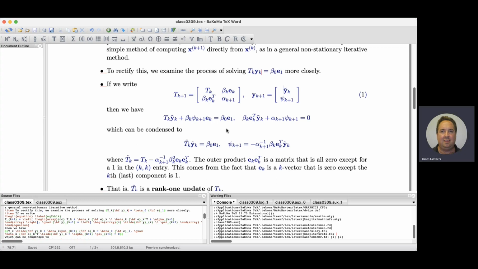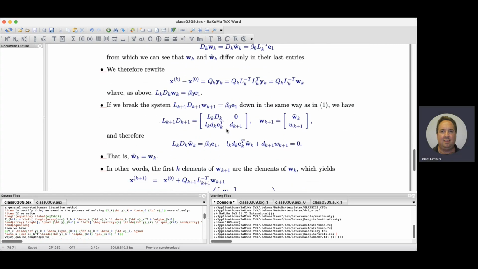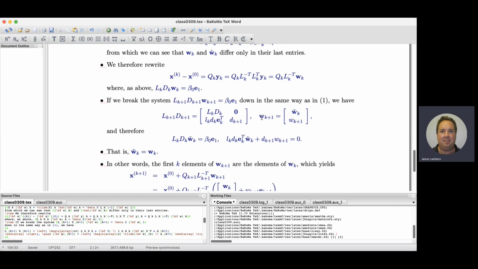But by working with the LDLT factorization instead, we're in a similar situation here, where we'd like to have this vector build off of this one. And it turns out we can, because WK and WK tilde are equal. So all we're doing is figuring out what is the last element to tack on with each new iteration.